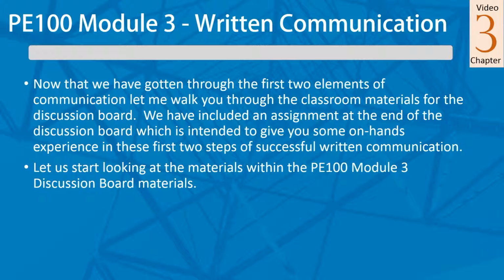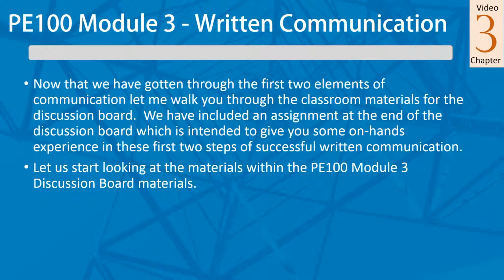Now that we've gotten through the first two elements of communication, we're going to walk through the classroom materials for the discussion board. As I said earlier, there's a lot of material on active and passive voice in here, so it's just a matter of working through it as much as you can.